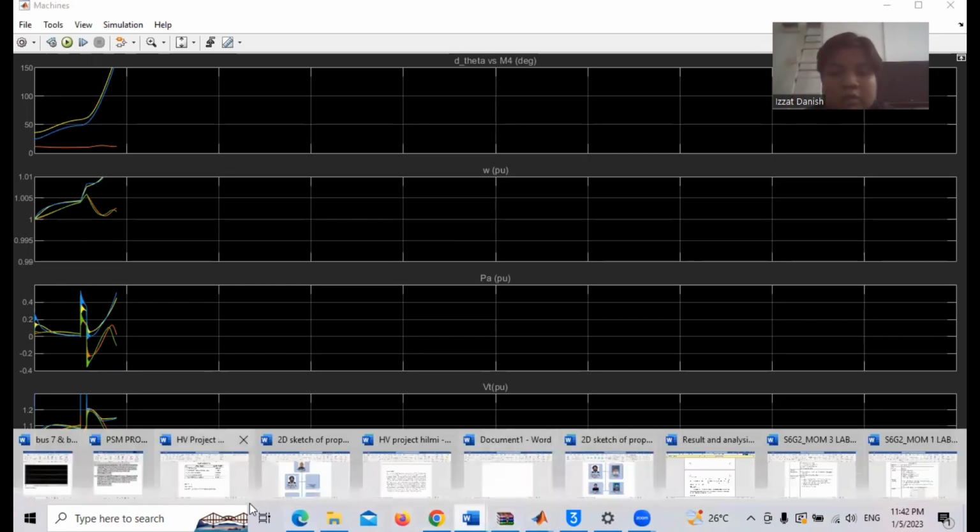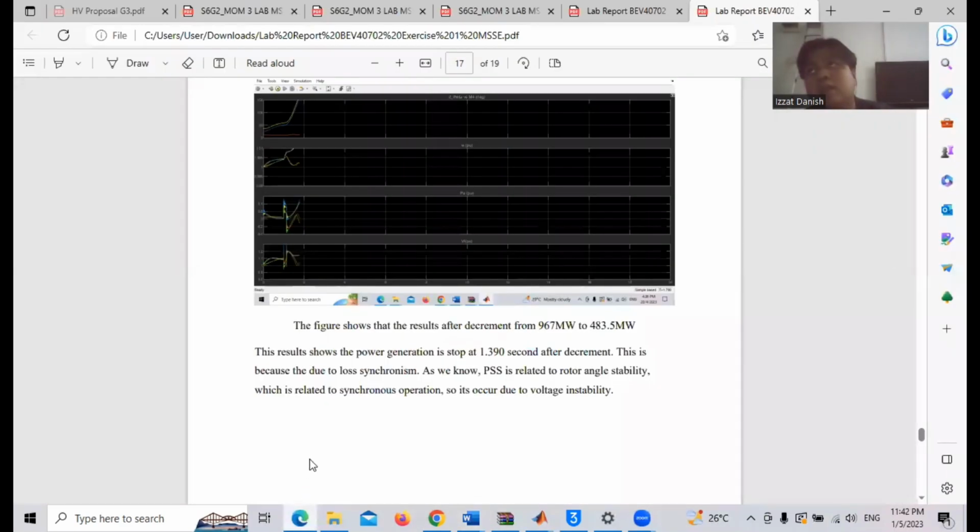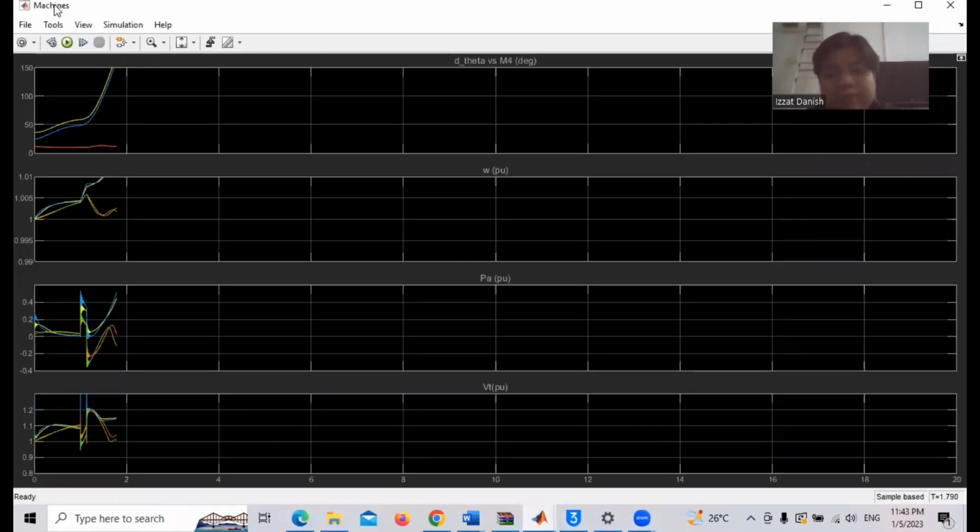Our group says that maybe the PSS system has rotor angle stability, and you need to synchronize the operation. So in case we decrease the value of the load at bus 7, it occurs due to voltage instability. That is the reason why we get this result. Okay.